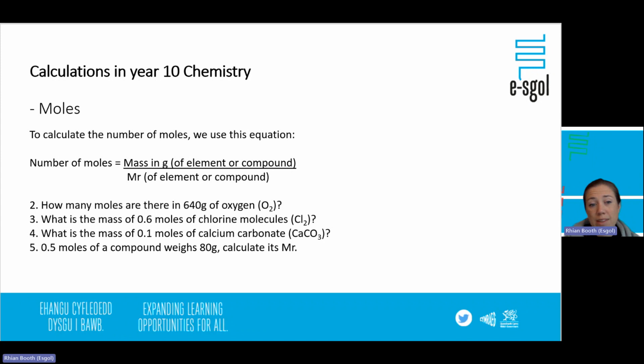Number 3, what is the mass of 0.6 moles of chlorine molecules? Once again, a diatomic molecule there. Question 4, what is the mass of 0.1 moles of calcium carbonate? And question 5, 0.5 moles of a compound weighs 80 grams. Calculate its MR.